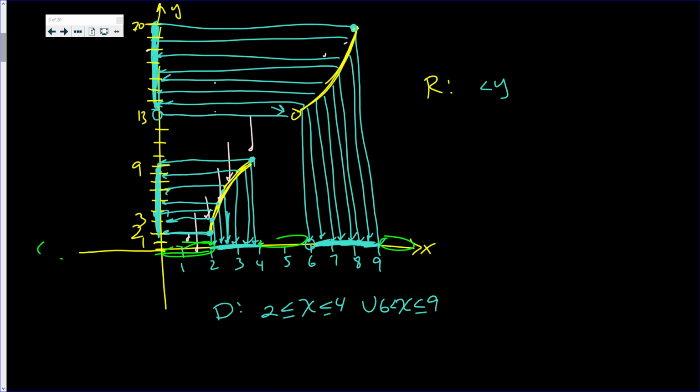Y is in between and equal to 9, union 13 to 20, but not including 13. So y is in between 13 and 20, including 20. It's just a matter of pushing the points to the y-axis or the x-axis.